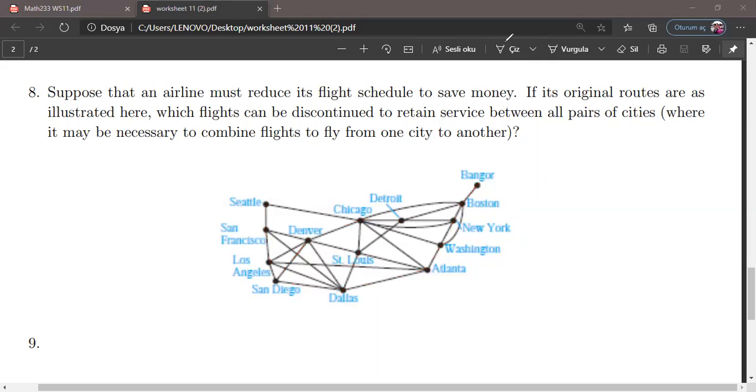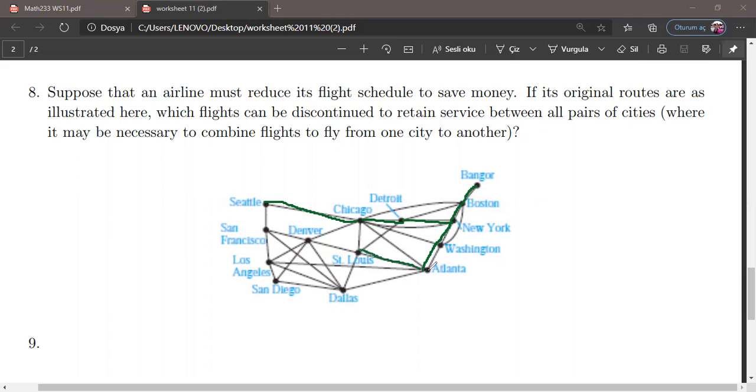Or we could write something like this: from Seattle to Chicago. Sorry. Chicago and Detroit, New York. Then we have the same. To Atlanta.